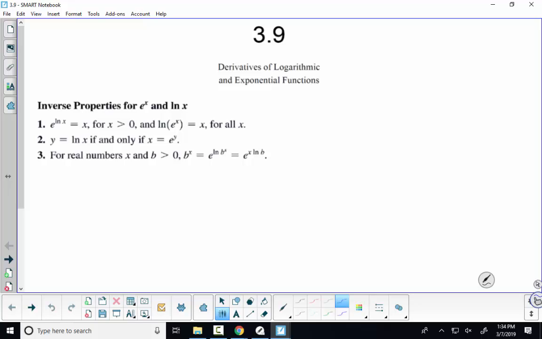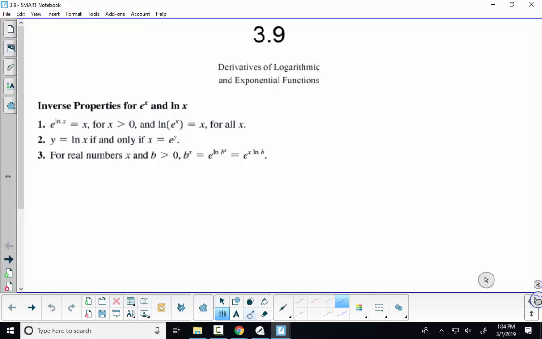We do end up utilizing these properties to justify our derivatives. So instead of looking at the definition of the derivative, the limit as h goes to 0 of the difference quotient, we're going to justify the derivatives in this section by other techniques that we've learned up to this point, instead of using the definition.